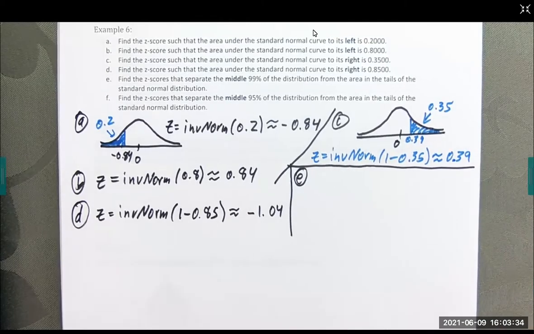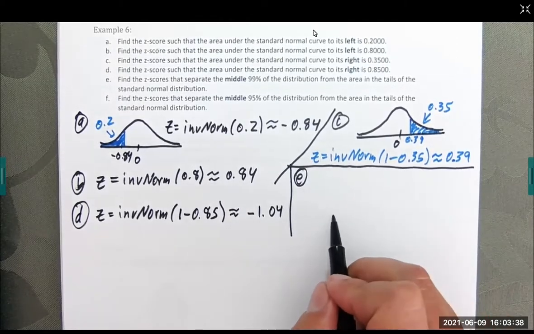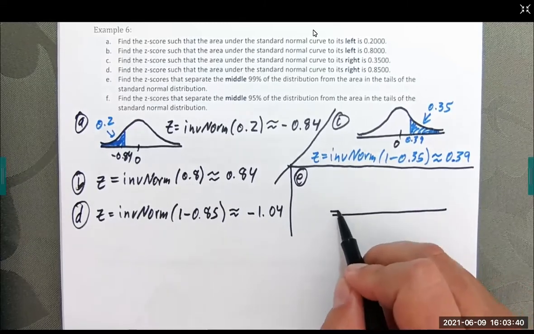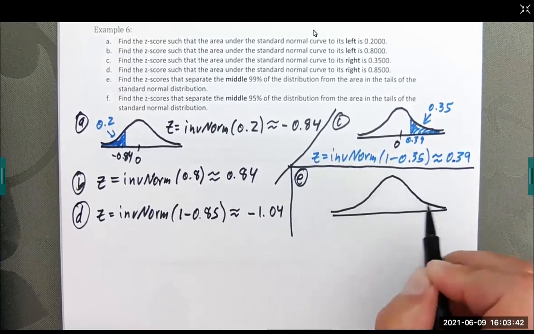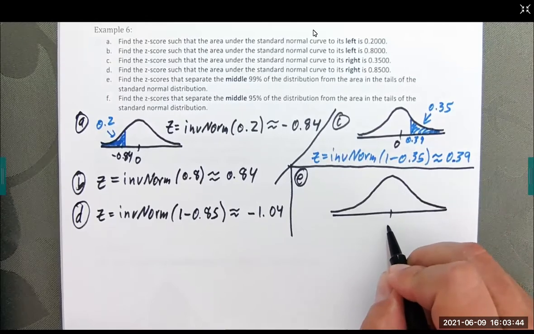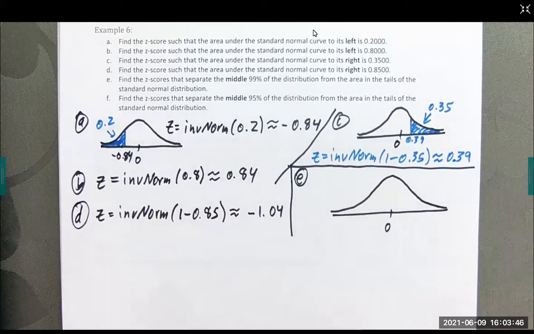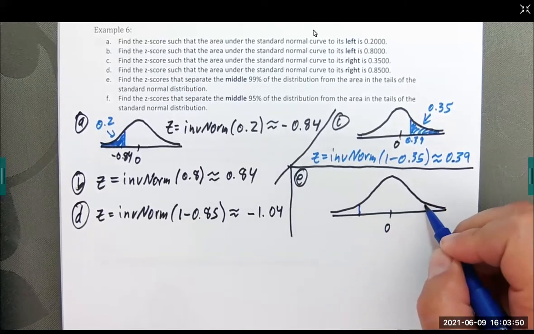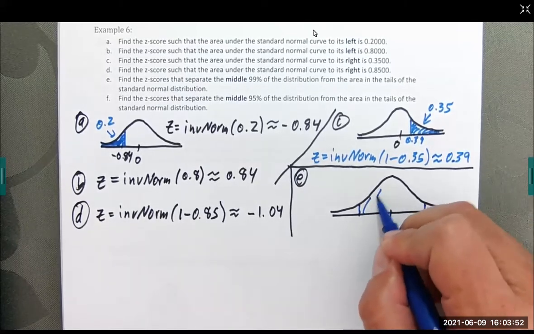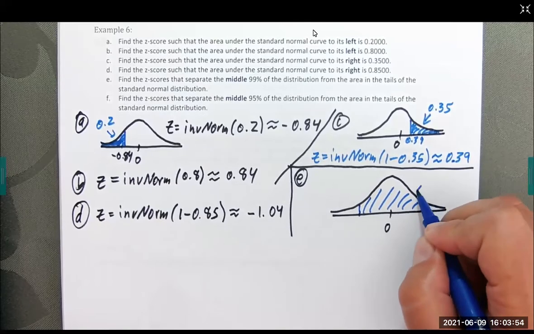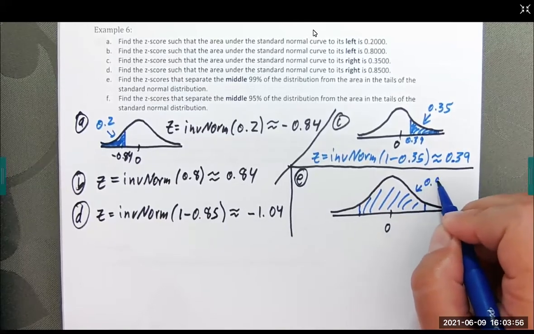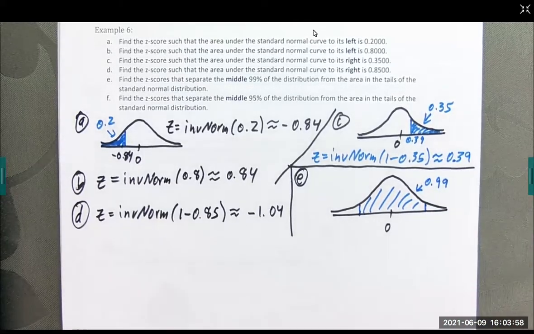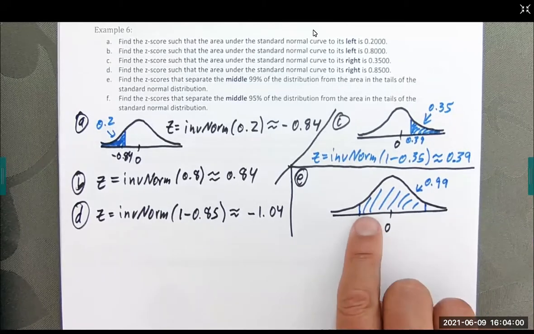Z scores that separate the middle 99%. We're going to get 2 z-scores for this one because the area here is 0.99. Remember, it's area to the left.